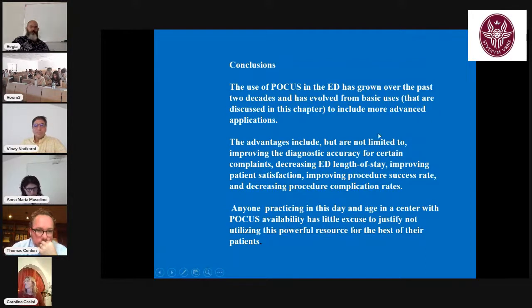The advantages include, but are not limited to, improved diagnostic accuracy for certain complaints, decreased length of stay in the ward, improved patient satisfaction, improved procedure success rate, and decreased procedure complication rates. Anyone practicing in this day and age in a center with POCUS availability has little excuse not to utilize these powerful resources for the best of their patients.